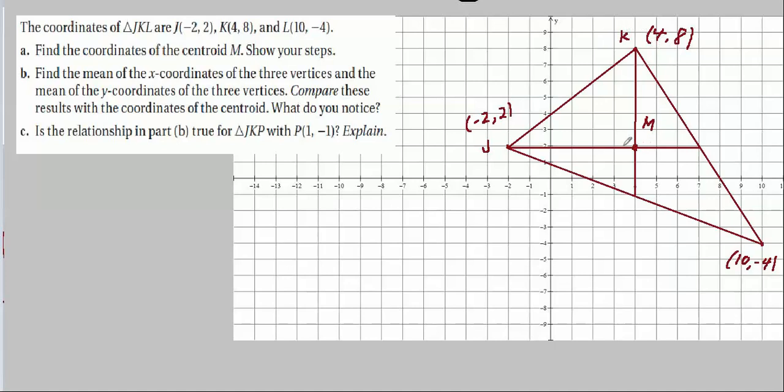That is where the medians intersect. What's a median? That's the line from the midpoint of one side to the opposite vertex. And the midpoint of this side to the opposite vertex. I only drew in two medians because if we didn't make any mistakes, the third one will have to cross at exactly the same point.